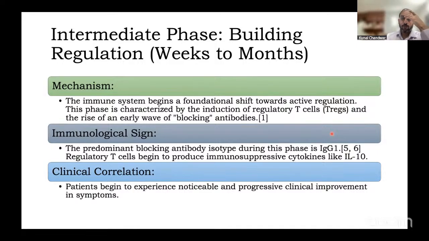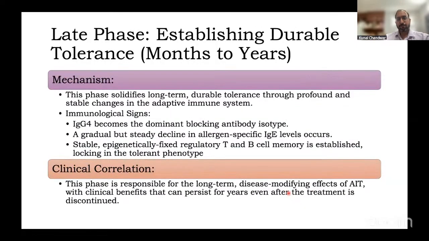It won't allow the allergens to bind to the IgE molecules, and hence you would have less allergen exposed to the IgE, and more allergen bound to the IgG1. This is the same reason why between weeks to months the patient will begin to experience a noticeable and progressive clinical improvement in symptoms.